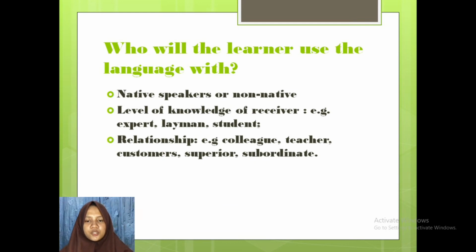Who will the learner use the language with? Native speaker or non-native. Level of knowledge of receiver: expert, layman, student. Relationship: colleague, teacher, customer, superior, subordinate.